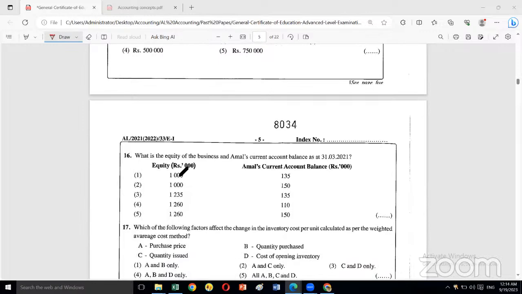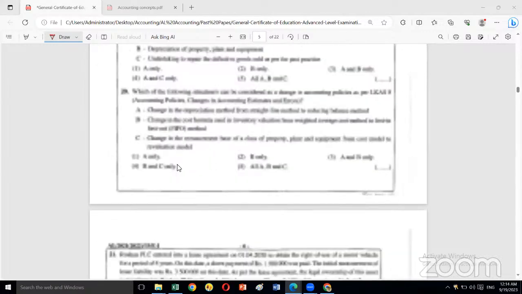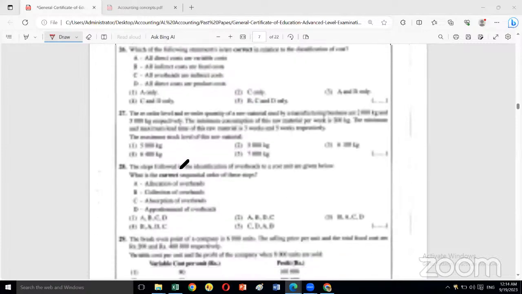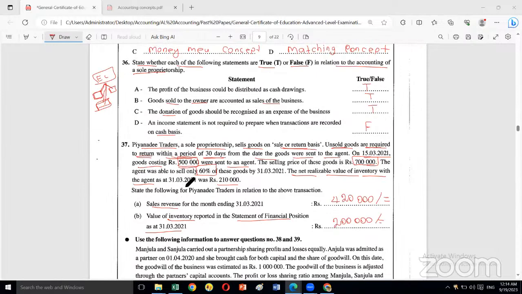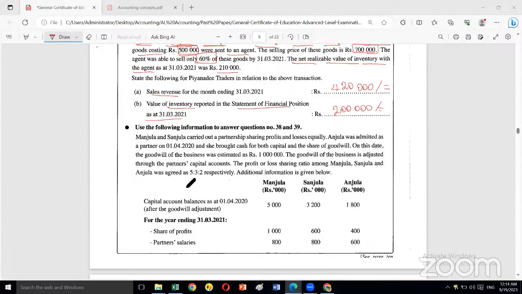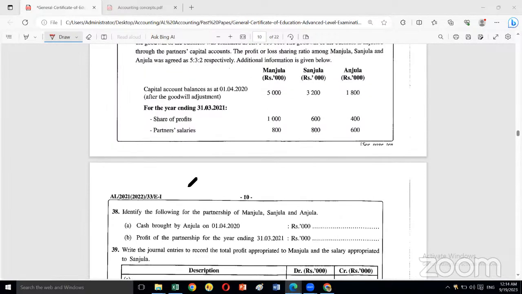So questions 15 and 16 on partnership, and another 2 more questions, question numbers 38 and 39. Altogether 4 partnership questions remain. Inshallah, we'll do those 4 partnership questions in the next class.